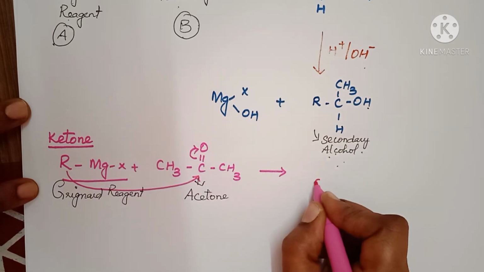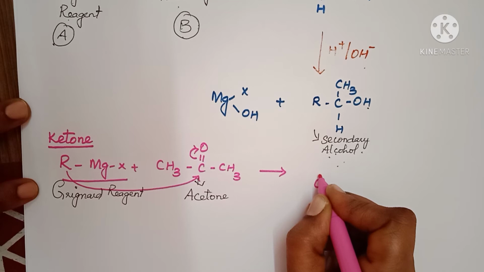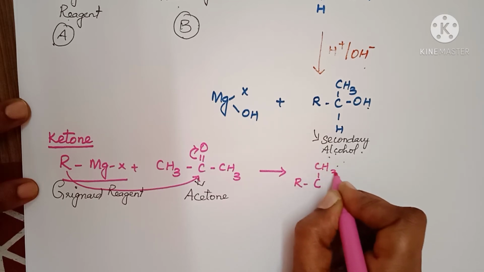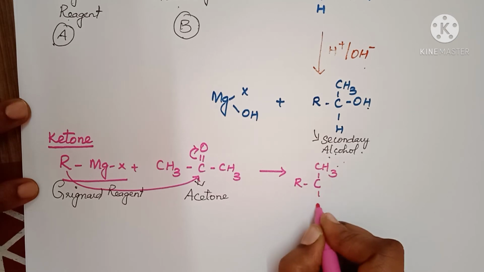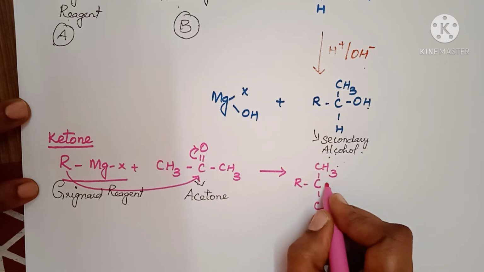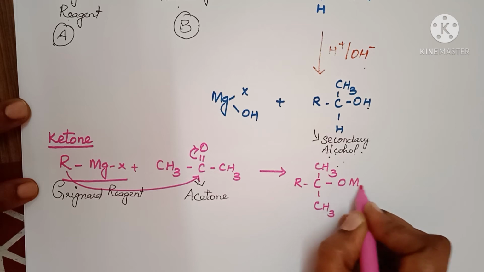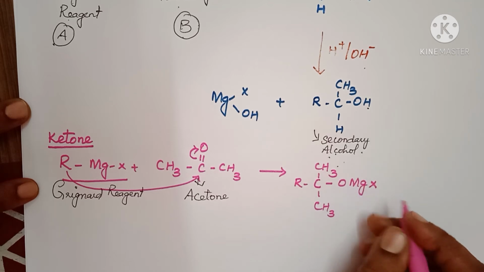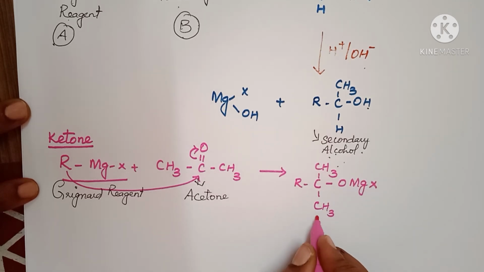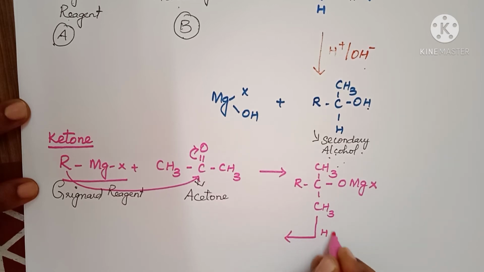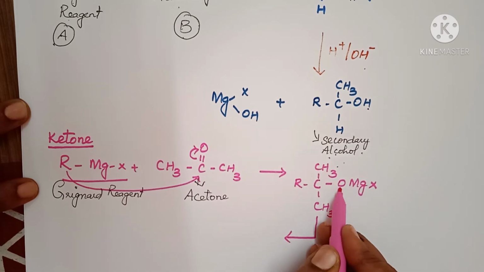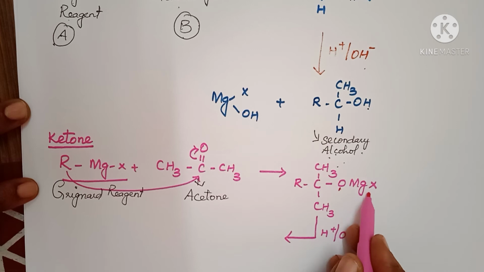I will write it in such a way that you will come to know. Here R, here CH3, this part also CH3, here OMgX. So this is the intermediate product which is going to get hydrolysis, H plus and OH minus. So the H plus ion will go and join over there, the OH minus ion will go and join over there.